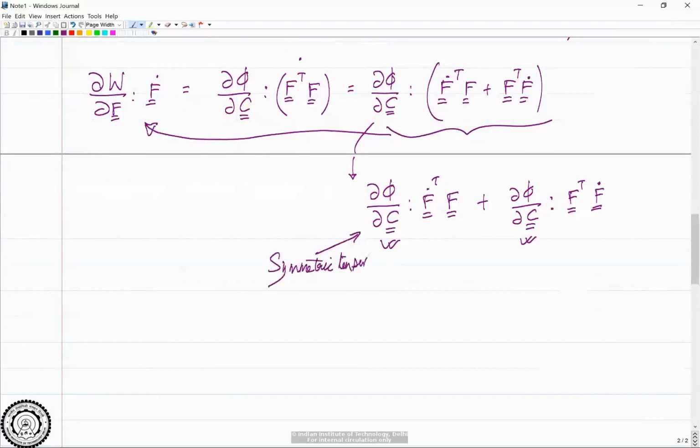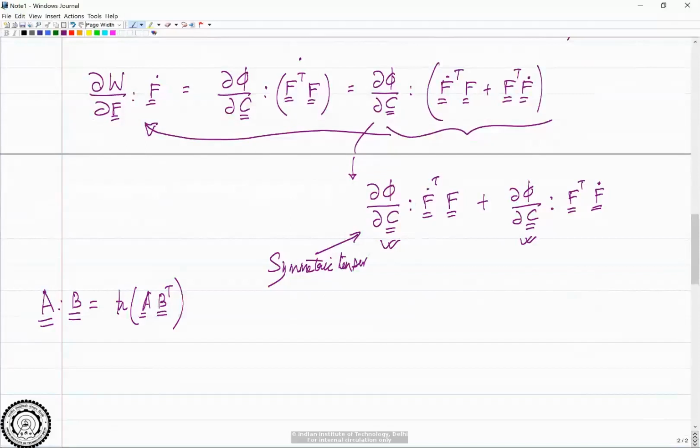Okay, now see, whenever we have double contraction, you remember, if you have A double contracted with B, this is the same as trace of A B transpose. You must be remembering it now. Yes, sir.